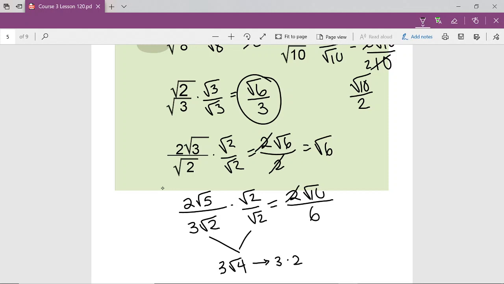So we can now simplify the 2 and the 6 to get root 10 over 3. Okay, so if you have an extra number in that denominator, just multiply by the radical. You could multiply by 3 root 2. It would just mean more simplifying at the end.